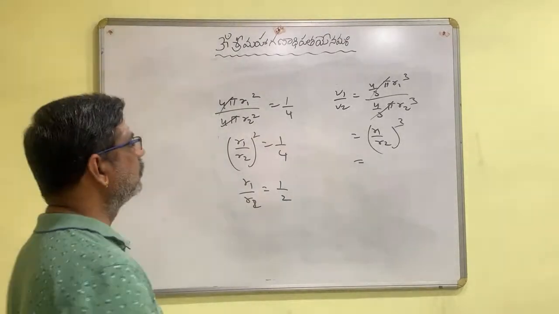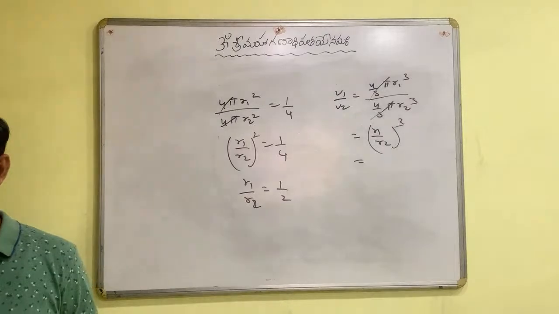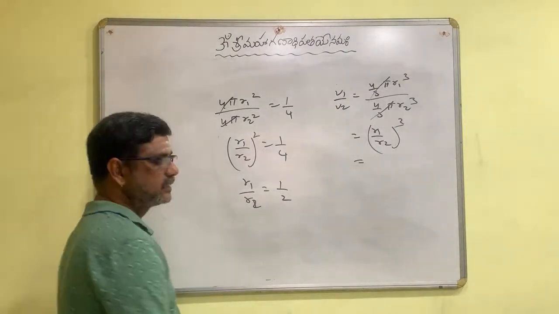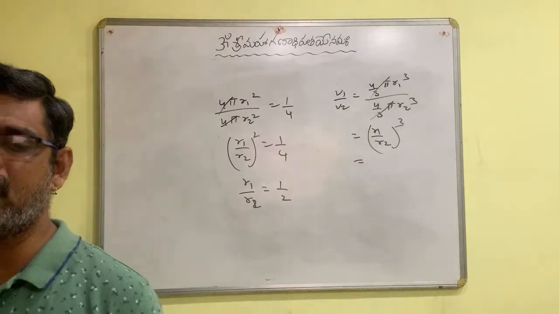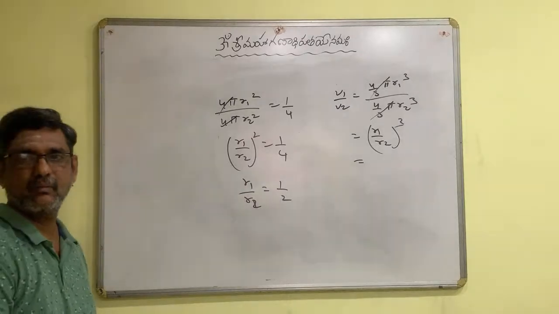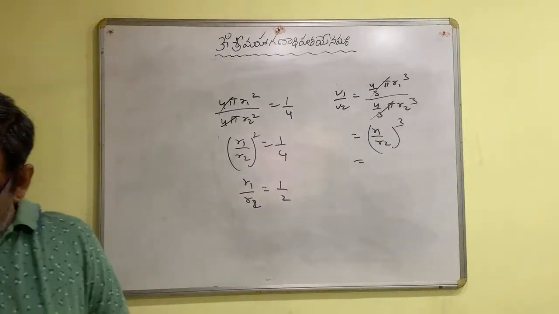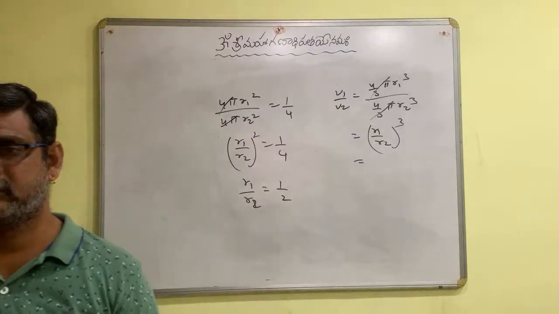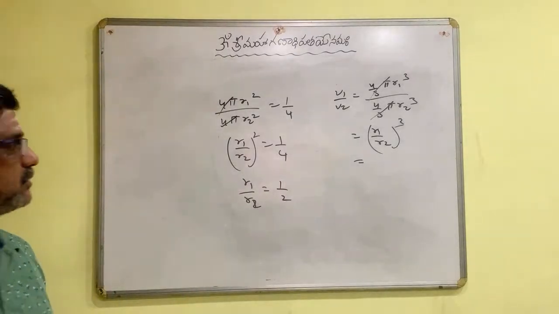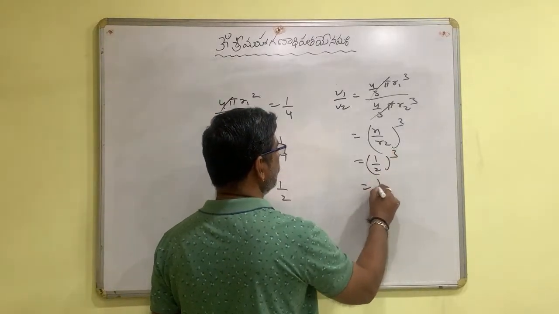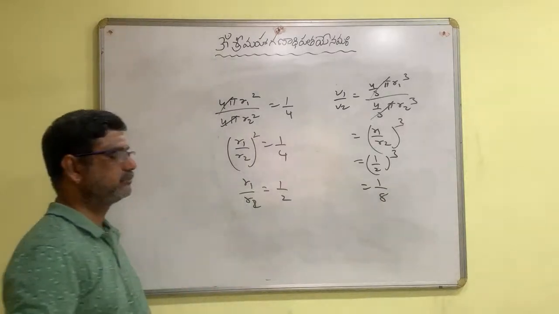R1 by R2 whole cube. Then what is the volumes ratio? Yes, 1/8. 1/2 whole cube, which is 1/8.